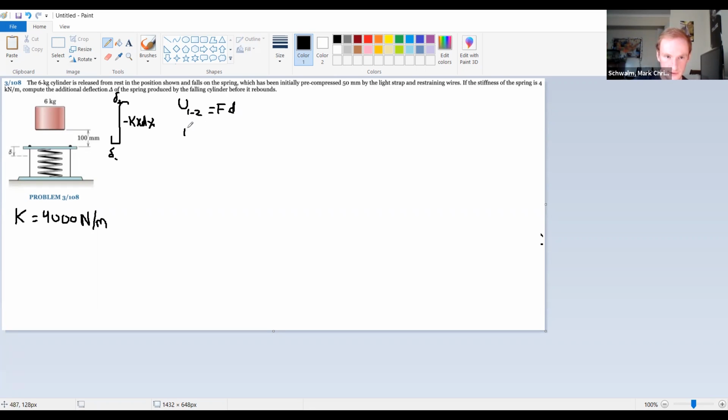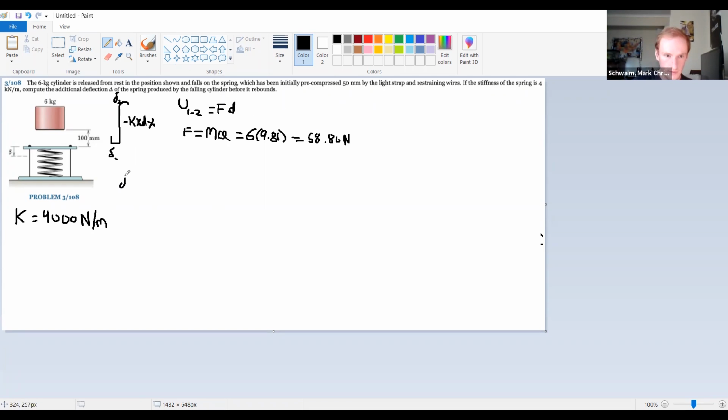This force is going to be mass times the acceleration, which is equal to 6 times 9.81, which is going to give us 58.86 newtons of force, and then we have the distance of 100 millimeters.